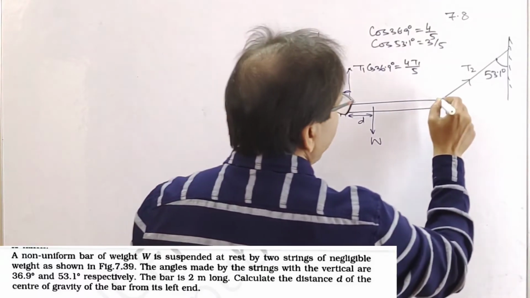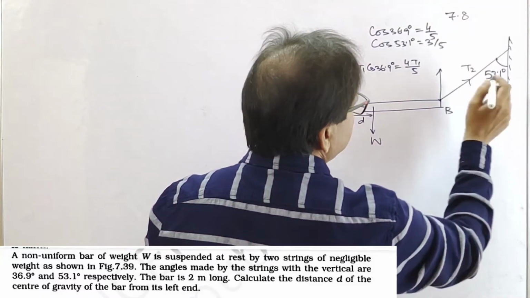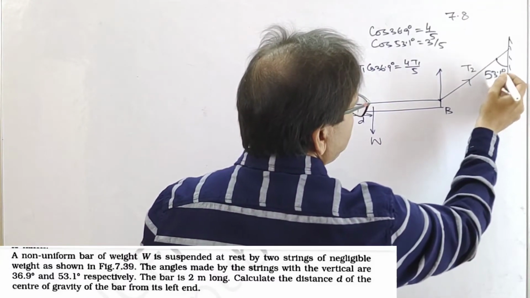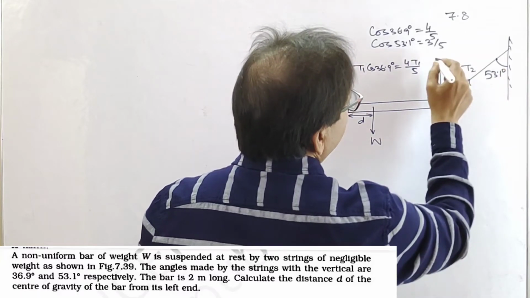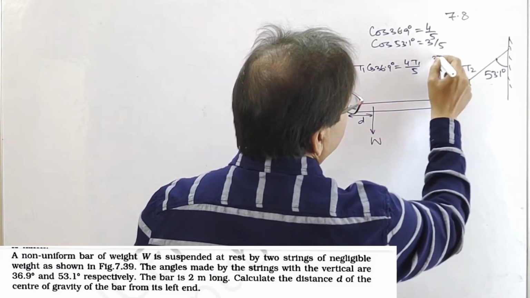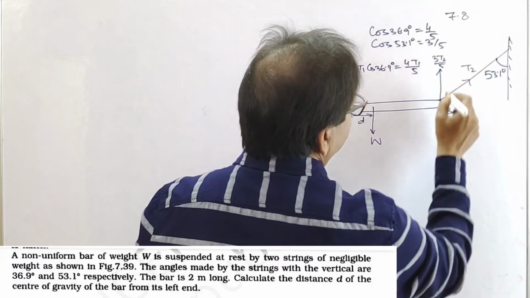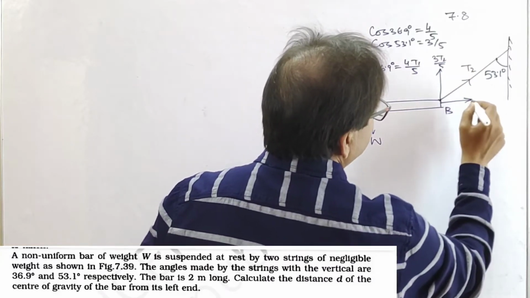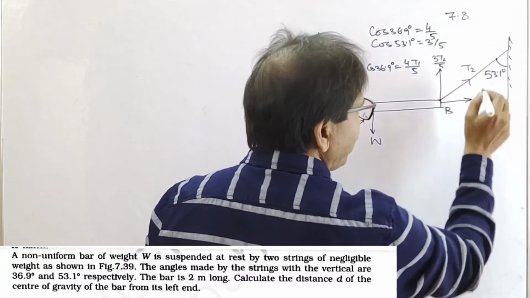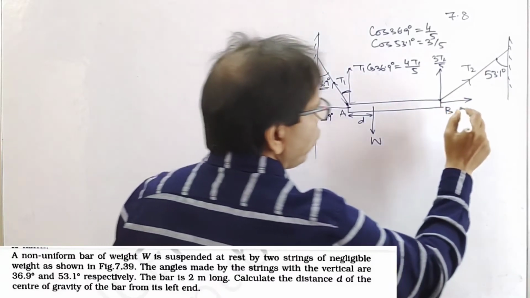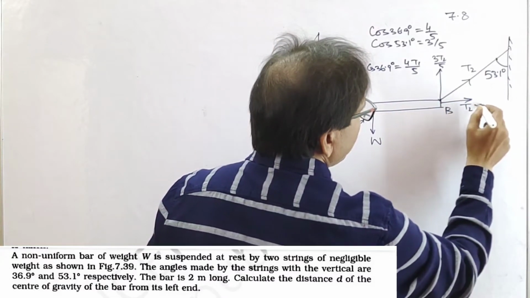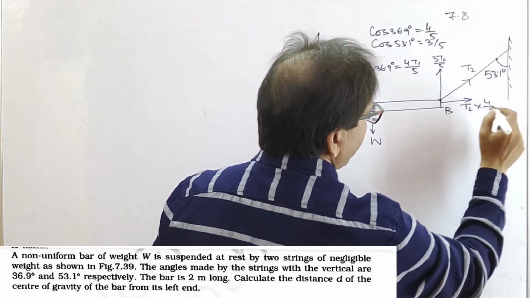In the same way, the components of T2: T2 cos 53.1 degree, so this is 3 T2 by 5, and T2 sine 53.1 degree, that is 4 by 5.